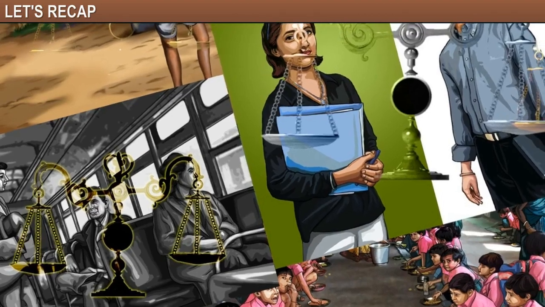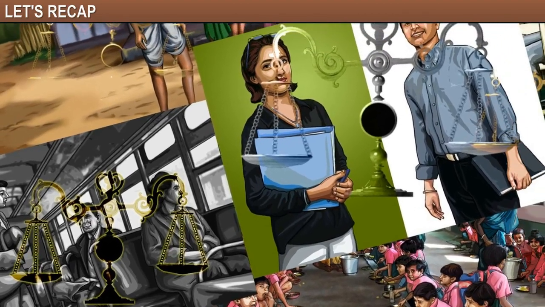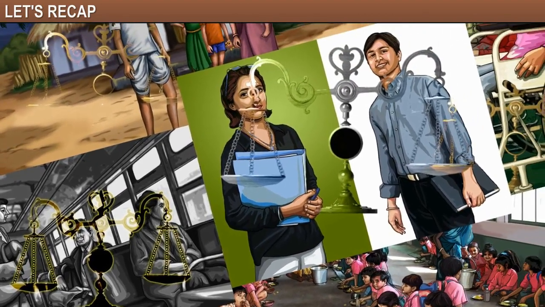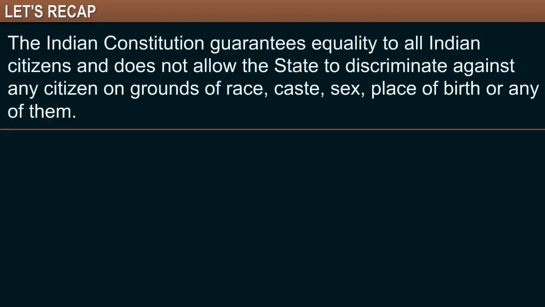We have now reached the end of this module on equality in India. In this module, we learnt that the Indian Constitution guarantees equality to all Indian citizens and does not allow the state to discriminate against any citizen on grounds of race, caste, sex, place of birth, or any of them.